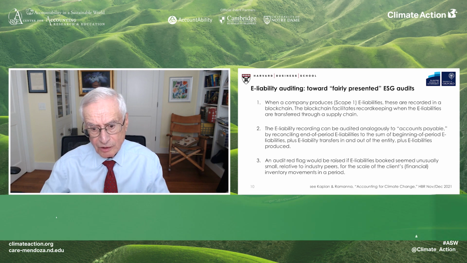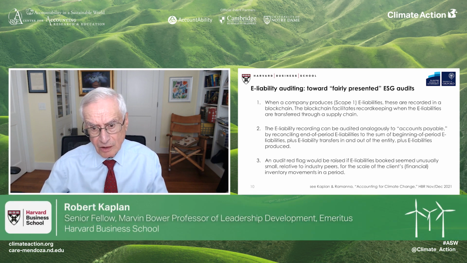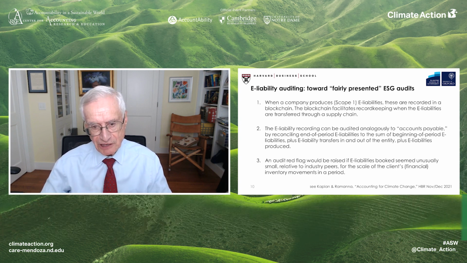And Carl, as another extremely important component of the auditing, it means you can have the same validity and integrity to your environmental numbers that you have in your financial numbers.